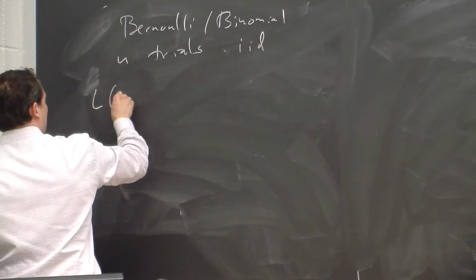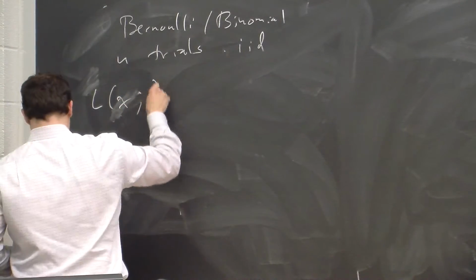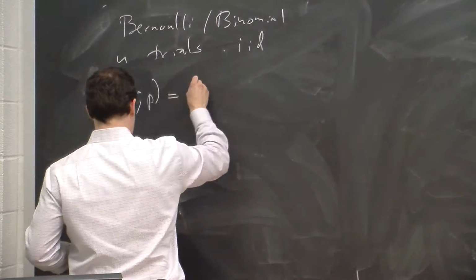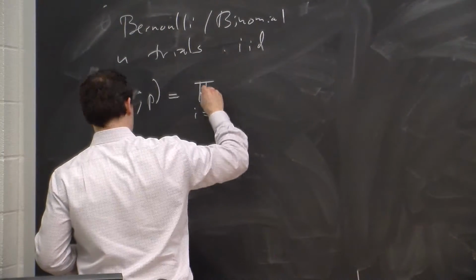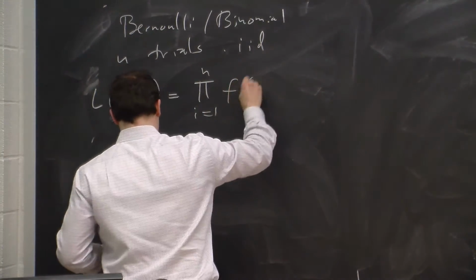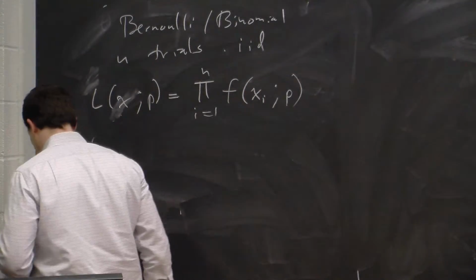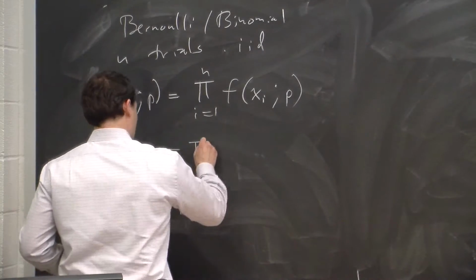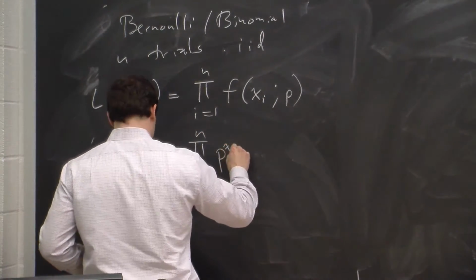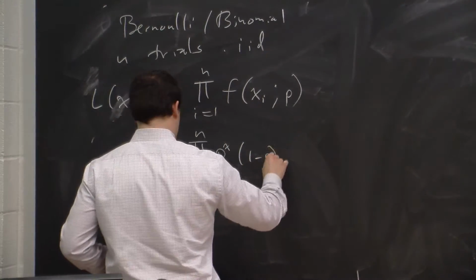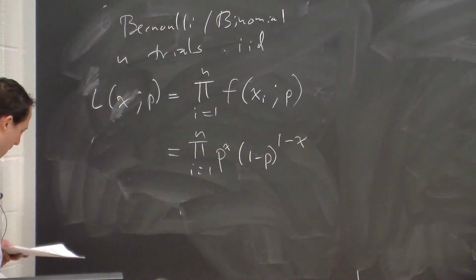And I can write down a likelihood function, which is just the product of the PDFs at each of the trials. Right? So I have some probability of success, and I have 1 minus that as the probability of failure that otherwise happens.